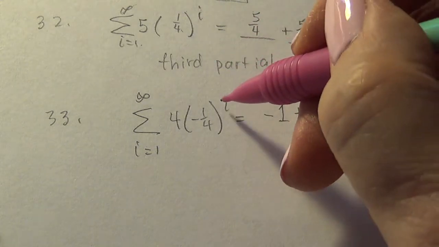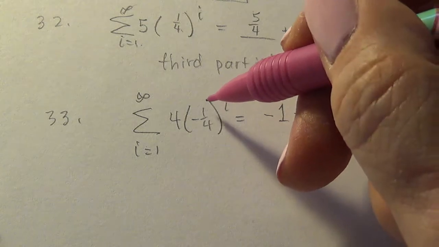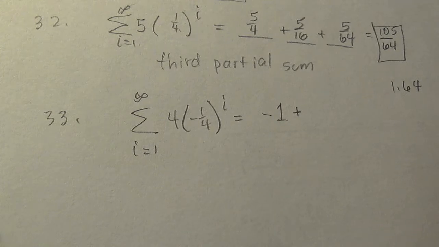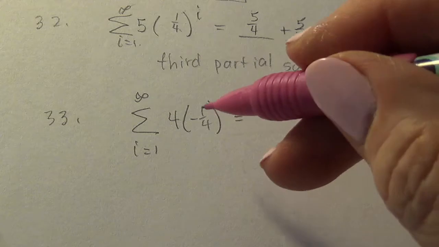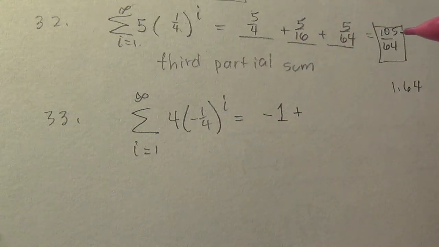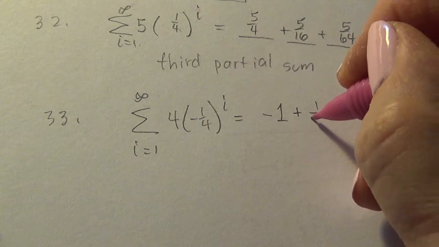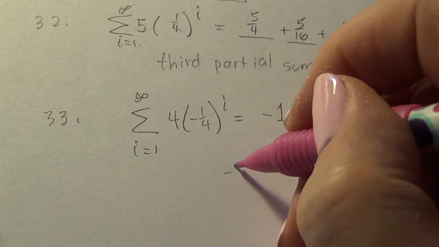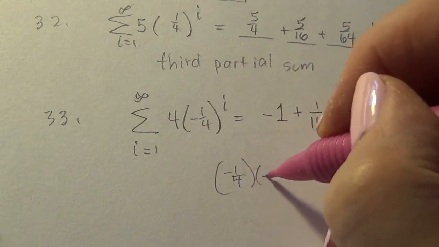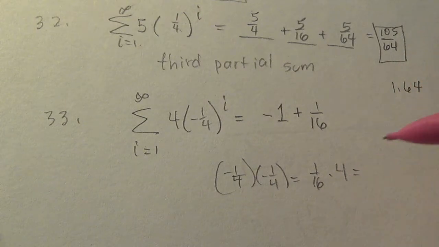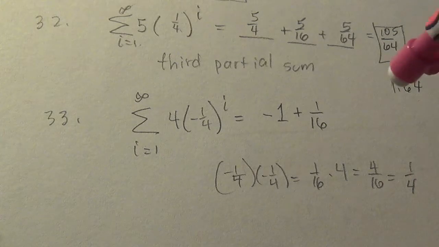The second, when i is 2, we get 1/4 times 1/4, which is 1/16 times 4 is 4/16, which is 1/4.